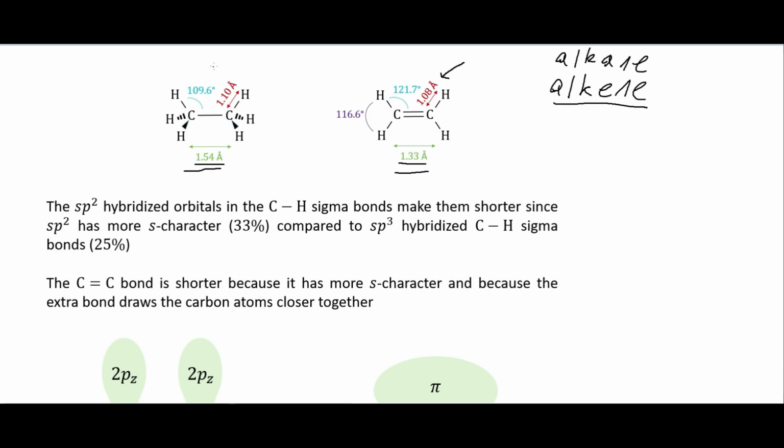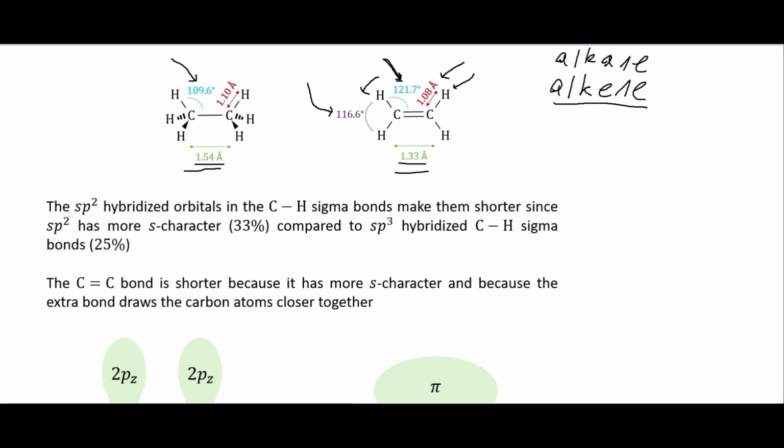And of course, the other thing to notice is that the bond angles between these different bonds here is larger. So in the single bonds it is 109.6 degrees. Here we have 121.7 degrees, and then here is a little bit smaller, 116.6 degrees there. And that's just because there is a little bit of pushing this hydrogen down because of these other hydrogens over here and these steric clashes there.